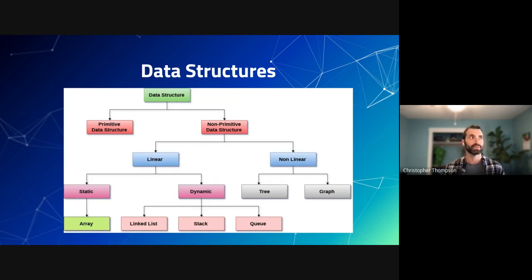So the linear ones, we have something static, right? Meaning it doesn't change. So you declare it and it's there. And that would be something like an array, right? And this is just an array of values, strings, ints, an array of primitive values, maybe an array of other non-primitive values, but it is a static data object. Whereas you have dynamic objects, such as linked lists, stacks, and queues.